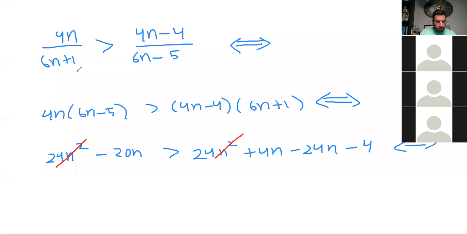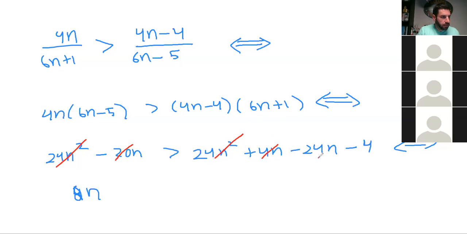If we put everything on one side, we get 4n, because 24 and 20, if I take the difference, is 4. And then I have 4 more, so this becomes 8n. Actually, they all add up to what? So let's keep that in mind. What's 20n? Over here, I have 20.